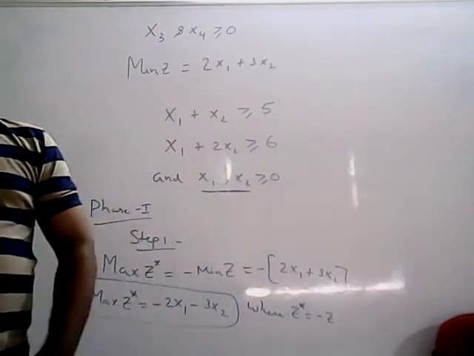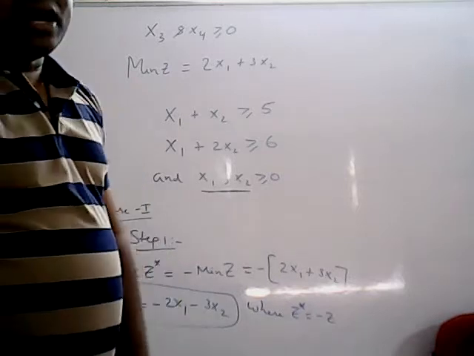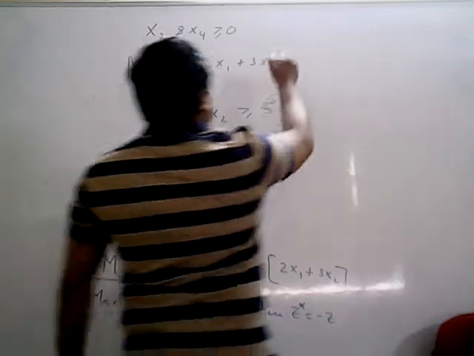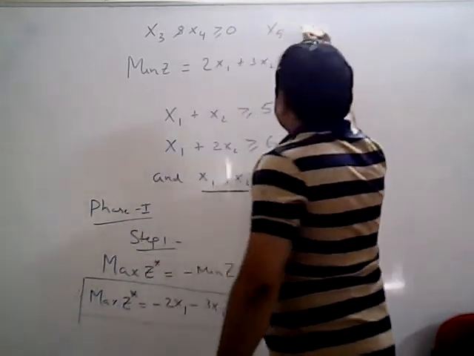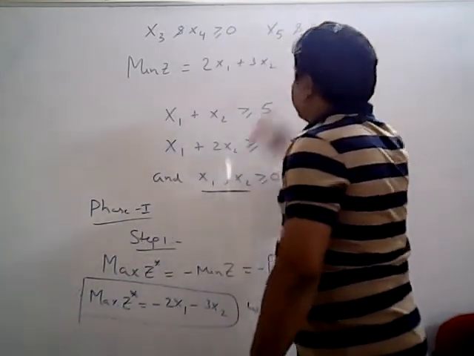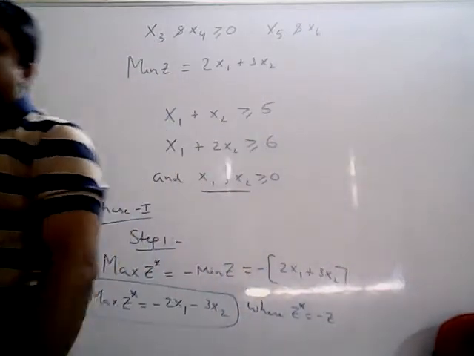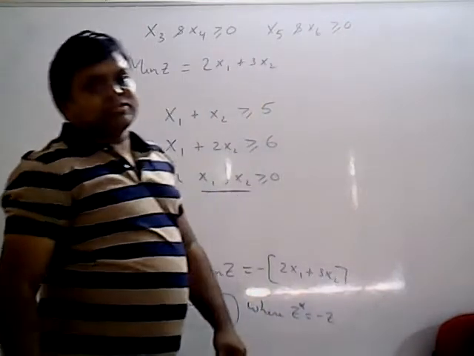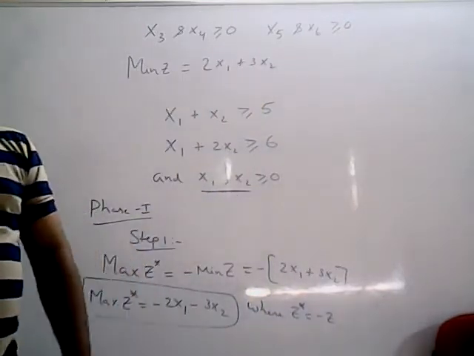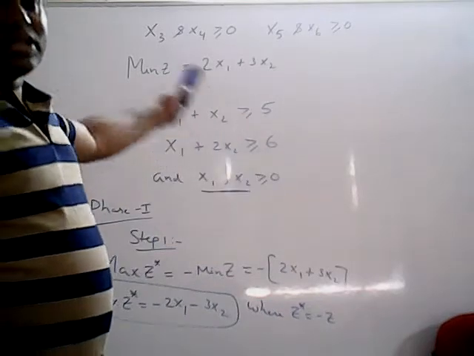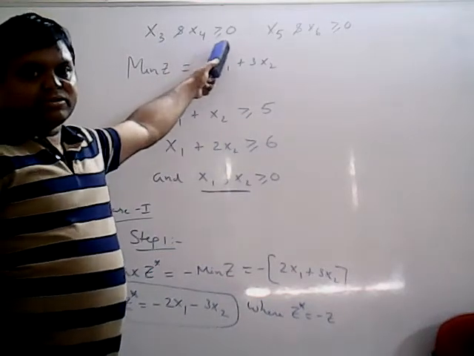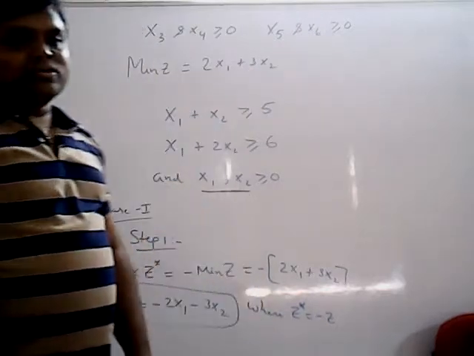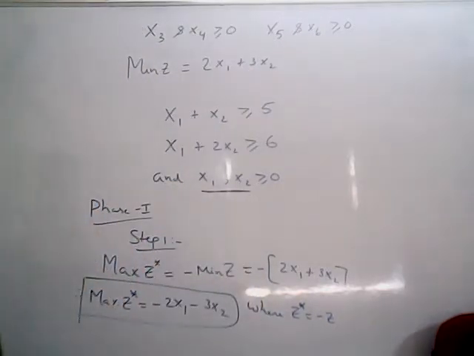And artificial variables x5 and x6 greater than or equal to 0. Greater than or equal to 0 means non-negative variables. All are non-negative variables only. And put the cost of these variables.